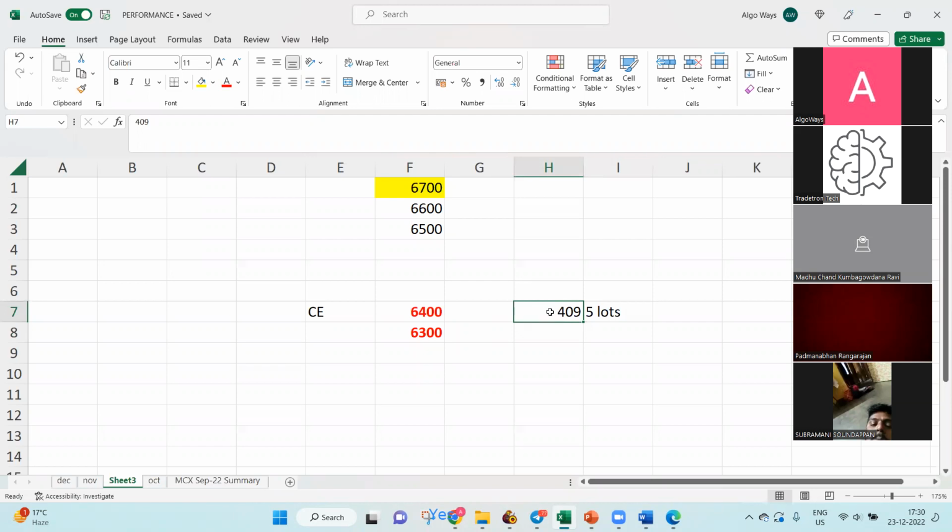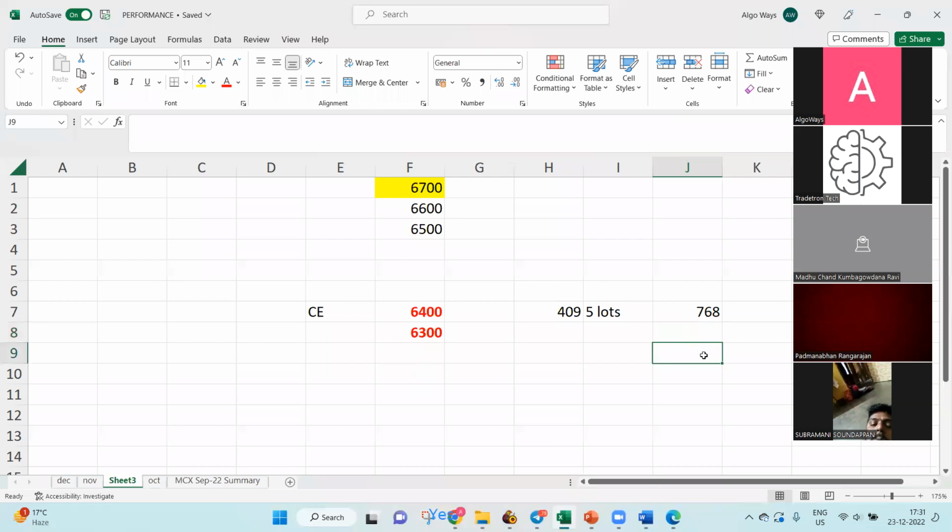The system sent the order to cover the CE, but the CE did not find buyers. And the logic in Tradetron order placement is that it will send the order at LTP as a limit order, and if it does not get executed, it will retry on the next LTP available. So by the time it sent the order, there was nobody to sell to it, and the strategy got executed at 768.